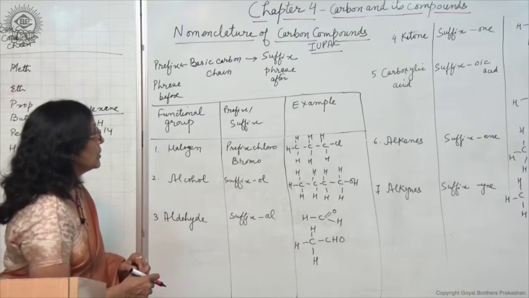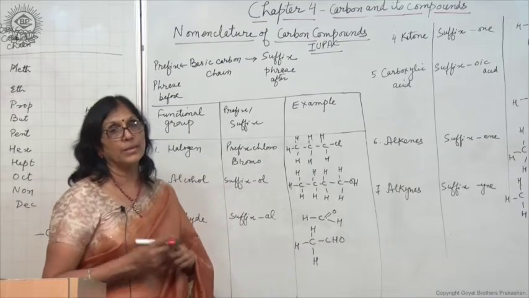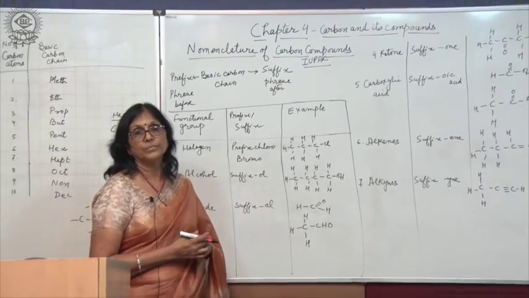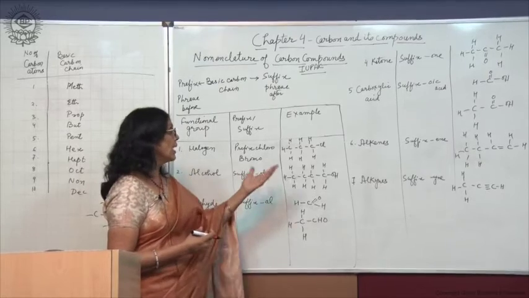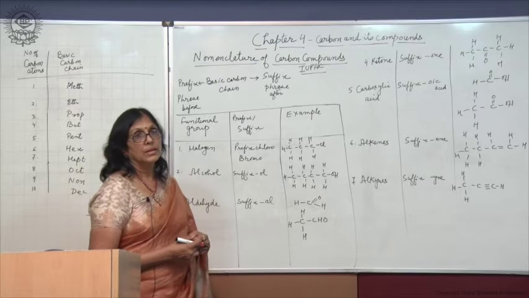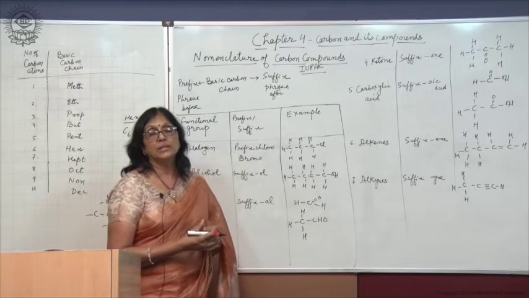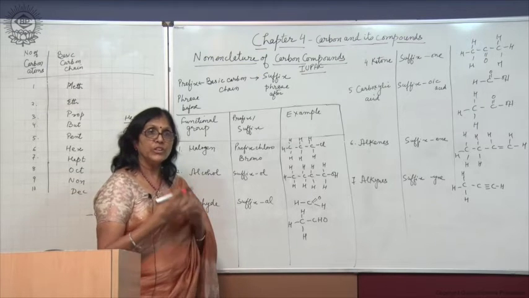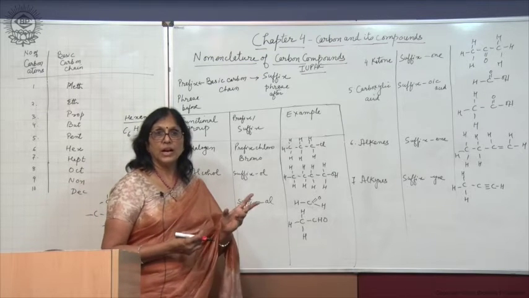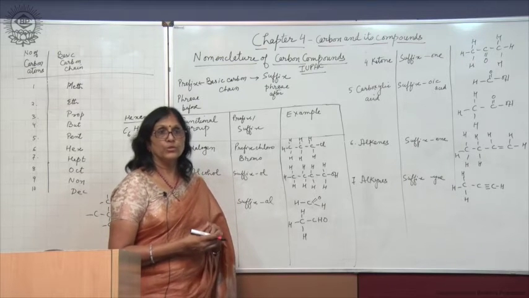Ethene: eth for 2 carbon atoms, ene for the double bond. So, ethene belongs to alkenes, unsaturated hydrocarbons. Now, if you happen to read propene anywhere, you will immediately know that propene has 3 carbon atoms and there is a double bond also. You know the formula also.